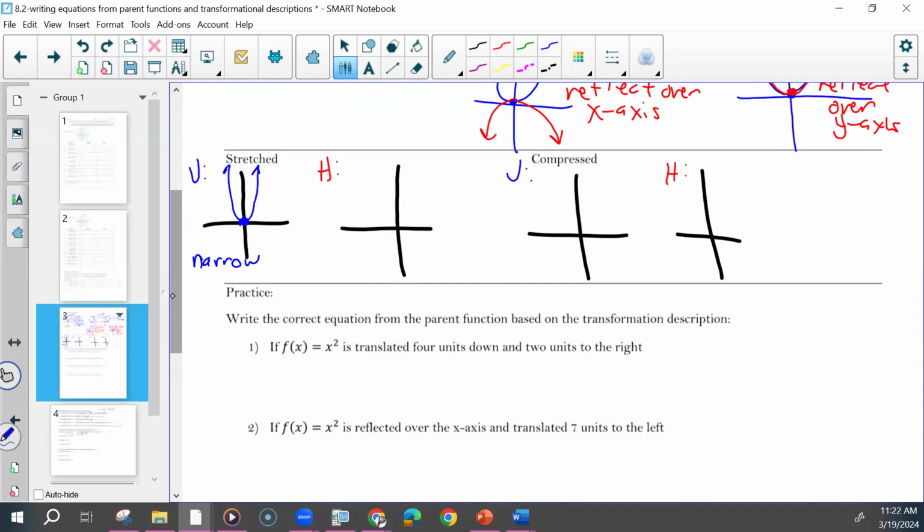This would be a vertical stretch where it gets narrow and it stretches towards the y-axis, if you want to write that.